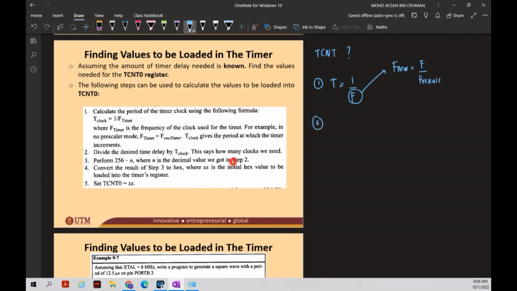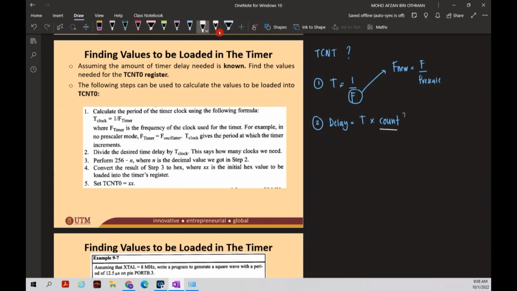The second equation that you need to remember is the delay, where delay equals T multiplied by count. Usually what we are going to find out is the value of count. The delay is usually given, and T you can also find out from the Excel. Then you need to find out what the count is.